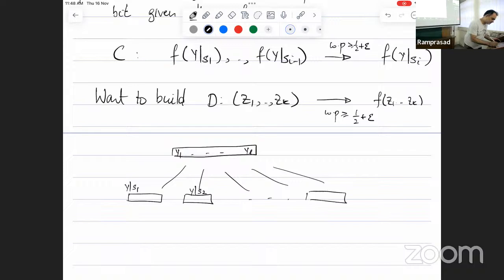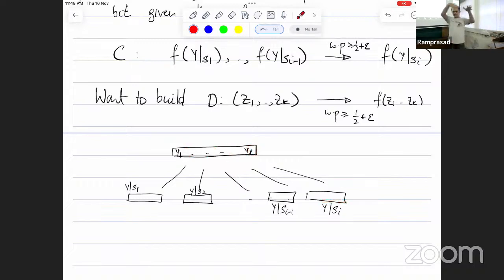And maybe the previous thing is like Y restricted to S(i-1), and this is like Y restricted to Si. Okay. Now, each of these bits are some specific bits here. It just took some of these bits and that's what is moved in these places.